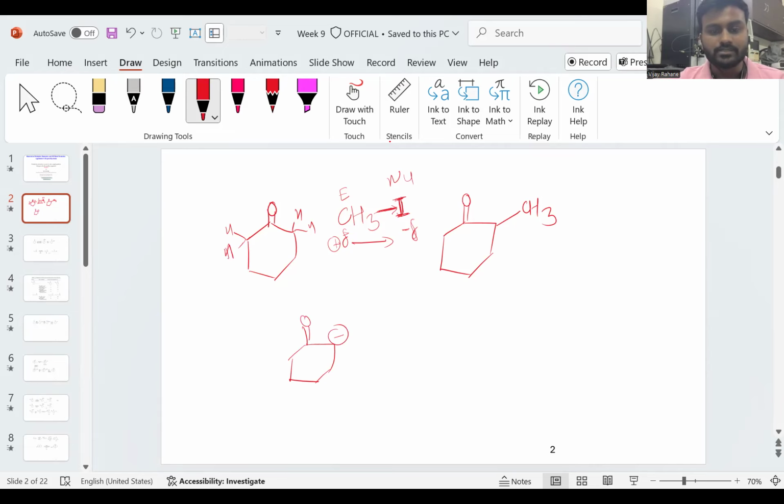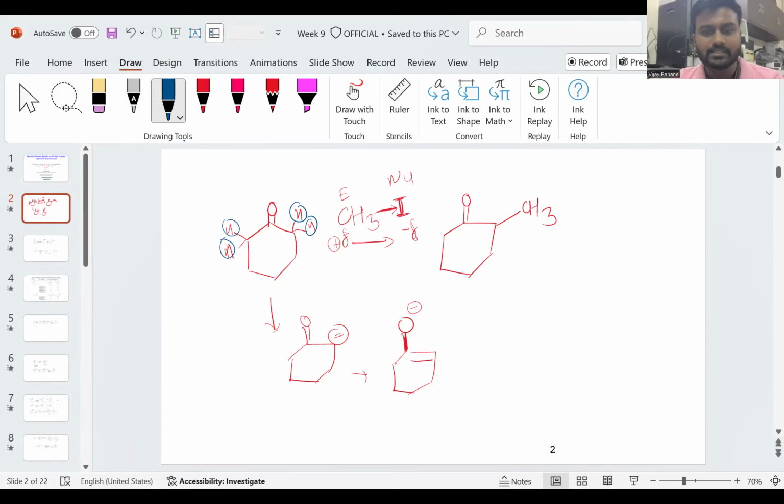So if you add a base, it forms the anion, and this anion gets stability by this kind of O minus enolate formation. That's why the protons at the alpha position are very active protons.